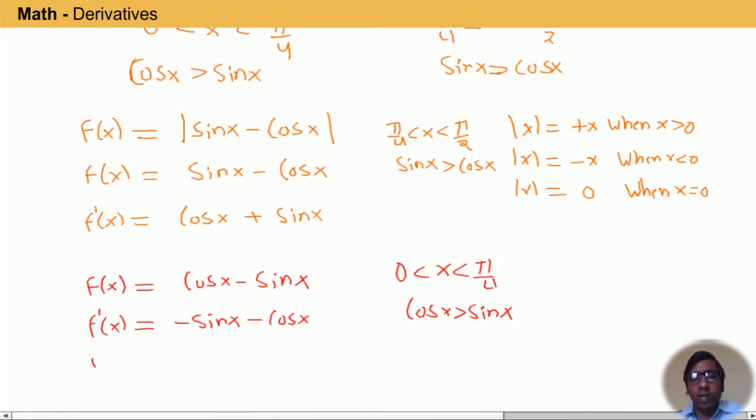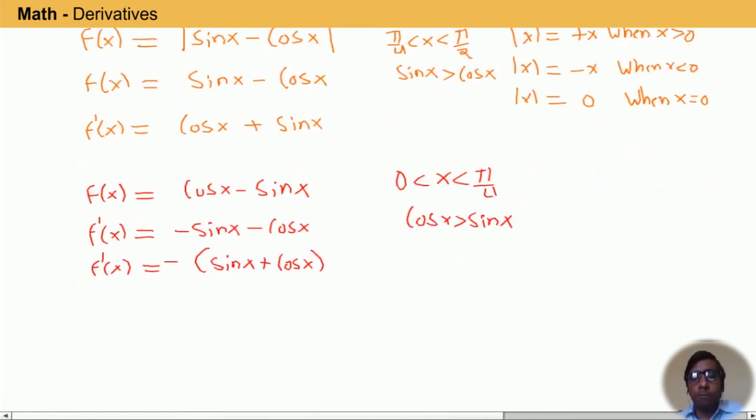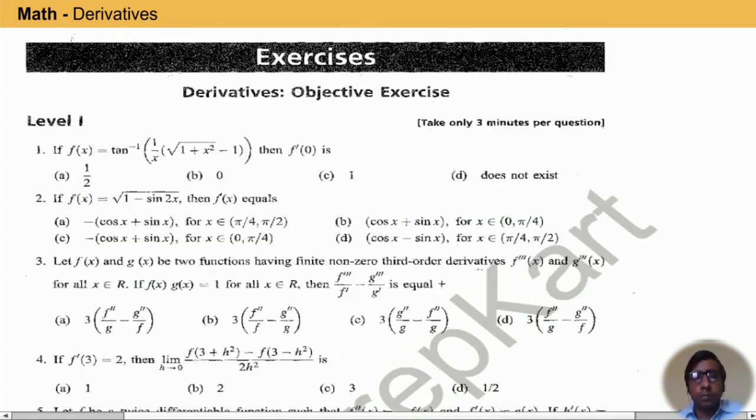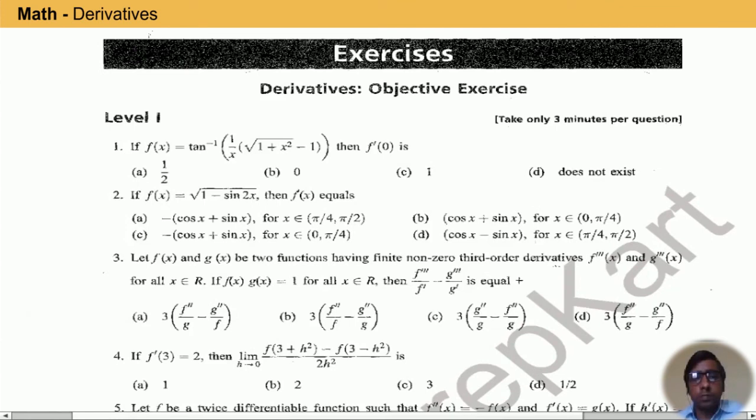After taking the negative sign common, this is negative of sin x plus cos x. So option C is the correct one for this one.